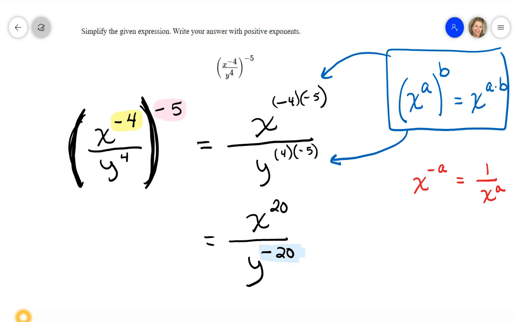But there's also another rule that goes along with it, which says, and I'll do this one in green, if you have 1 over x to the -a, that would simply equal x to the +a. Now, when you look at each one of these, technically, this right here is over a +1, and this right here is over a +1. What you're doing is you're flipping it over to its reciprocal. And when you do that, negative exponents change into positives.